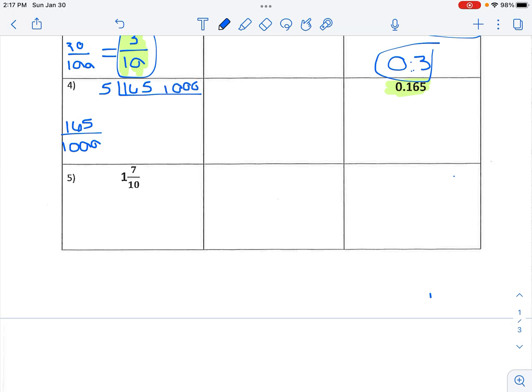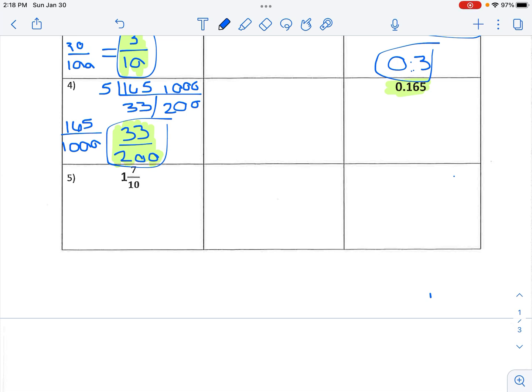So I'm going to put both of those numbers in a ladder. And 165 divided by 5, you should have gotten 33. 1,000 divided by 5 is 200. So check your answer on number 4. Did you reduce that fraction to 33 200ths? That should be 33 200ths.